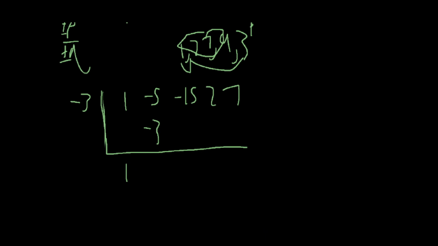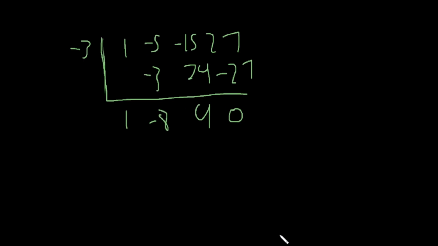Negative 3 minus 8. Minus 8 is negative 24. And that's 9 minus 27, 0. So now we have x squared minus 8x plus 9 equal to 0. Wait, no. Oopsie daisies.